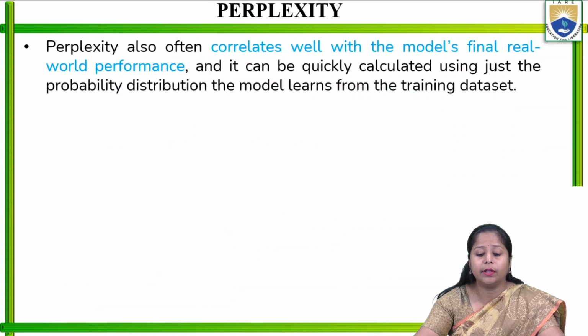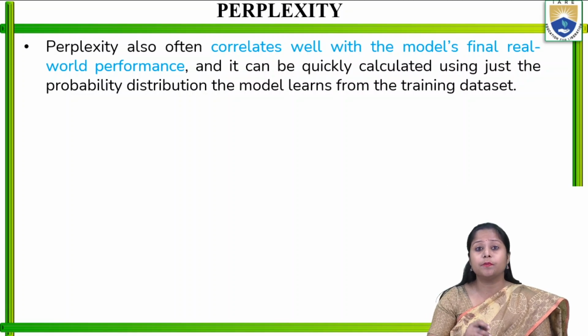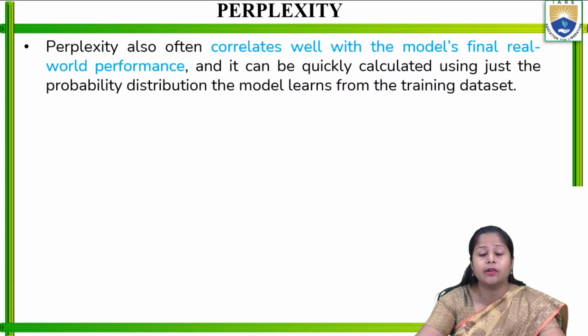Perplexity also correlates well with the model's final real-world performance, and it can be quickly calculated using just the probability distribution. The model learns from the training data set, so it works on the probability distribution and calculates those probabilities on the basis of the particular model and the training corpus we have given.